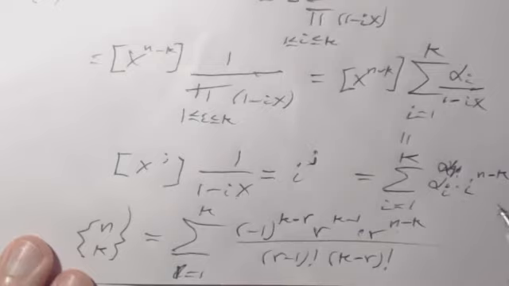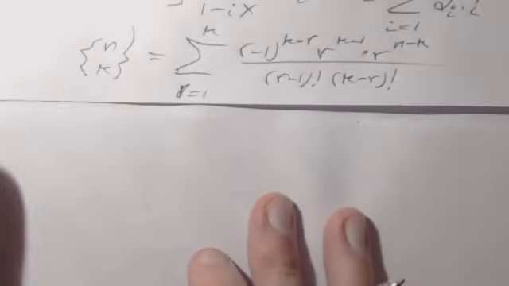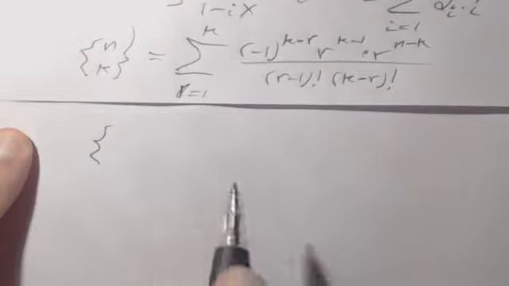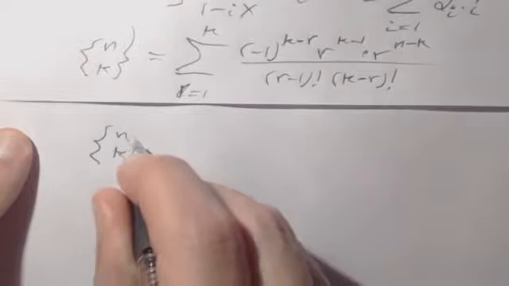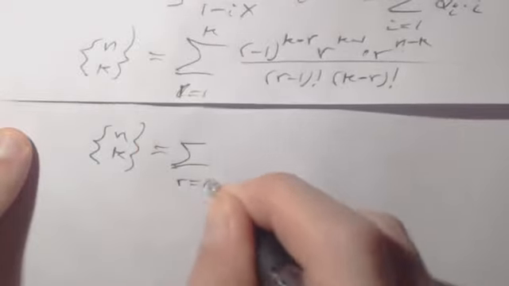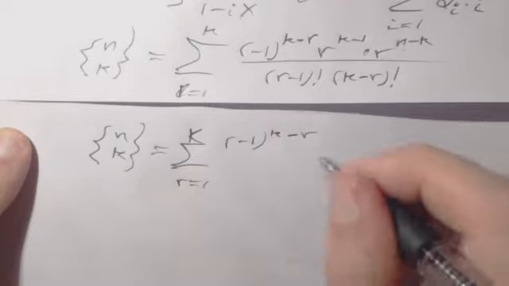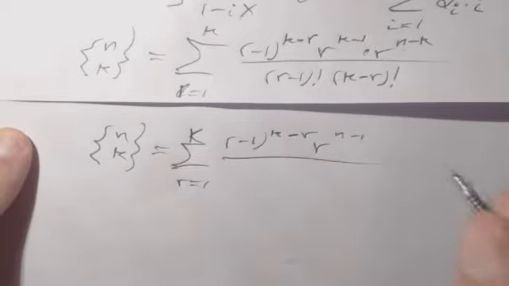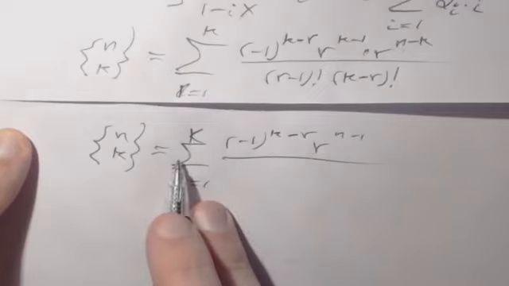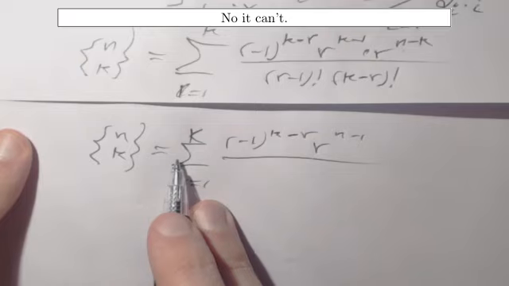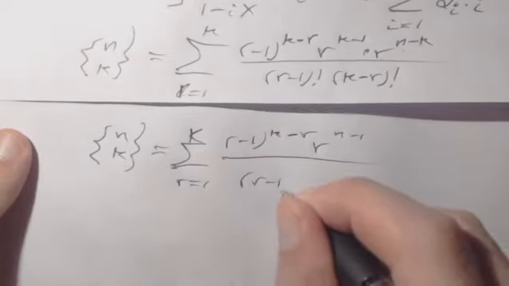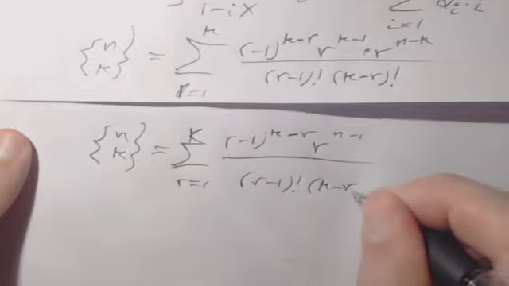So what we should get here is n k in curly brackets equals the sum from r equals 1 to k of minus 1 to the k minus r, times r to the n minus 1, over r minus 1 factorial times k minus r factorial. So let's see, what do they get?